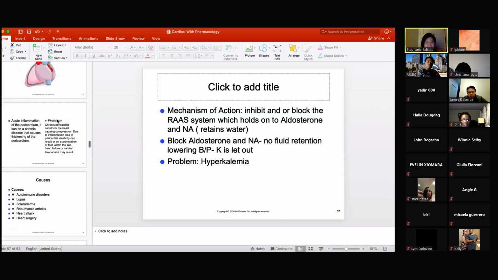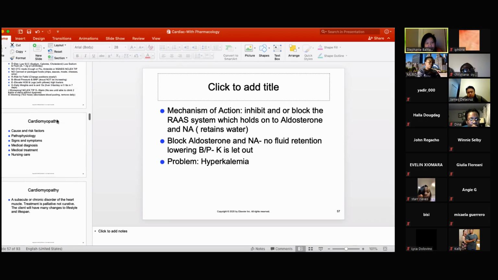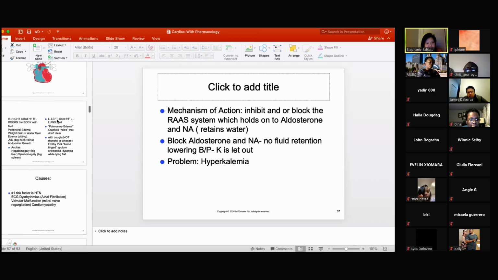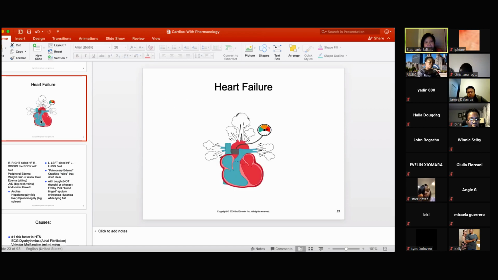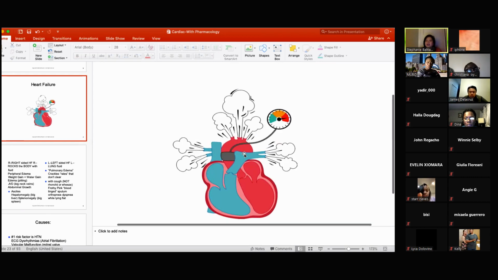Questions? Where is heart failure? I'm looking for heart failure for a minute. All right. You see my little diagram here of heart failure? Okay. This is heart failure. It means that if there's too much fluid, the heart will have a harder time to pump, right?